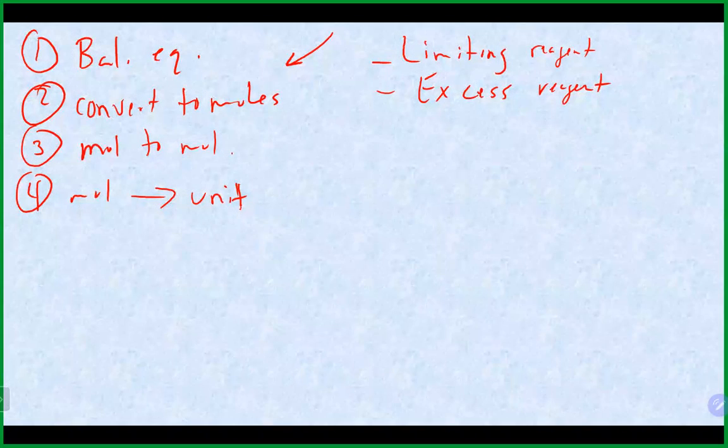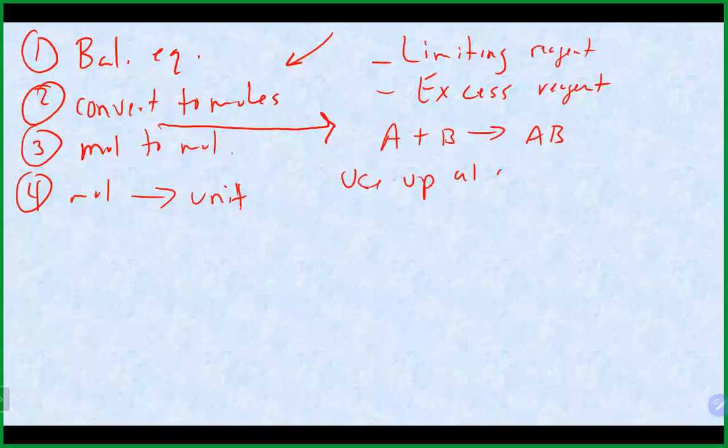So in a limiting reagent problem, right around here, after we convert everybody to moles, we do a really basic calculation to figure out, if I wanted to use up all of one of my reactants, how much the other one would have to be put in there. So for example, if we had this equation, if I want to use up all of A, how much B is needed?